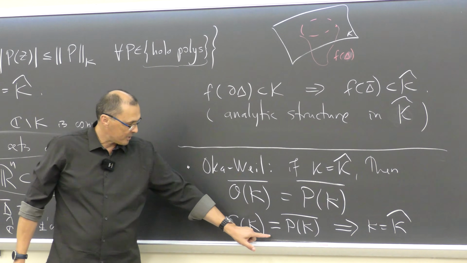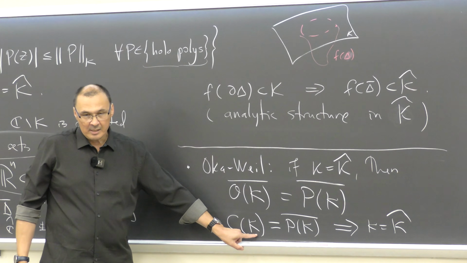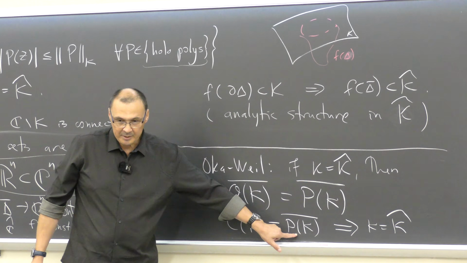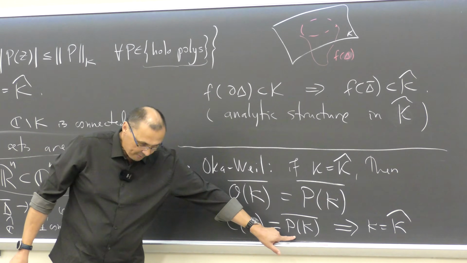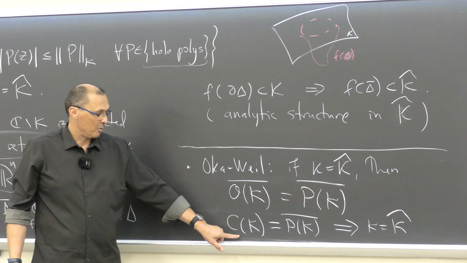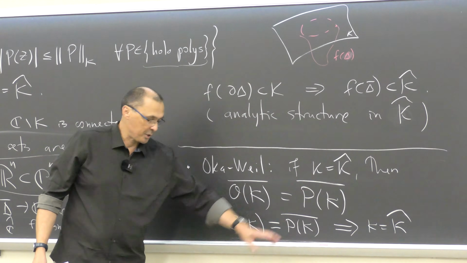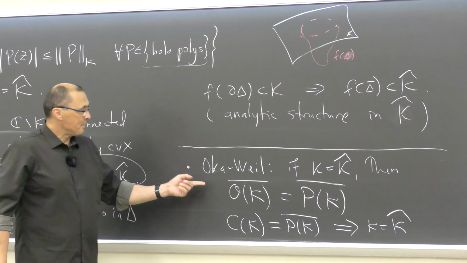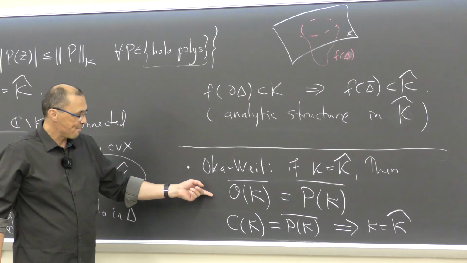This implies, for example, that K cannot have any interior, because in the interior, these functions are going to be holomorphic, but continuous functions need not be holomorphic. So that's only a partial converse to Oka-Weil. And also say Runge's name. Yeah, so in one variable, this is exactly Runge's theorem.